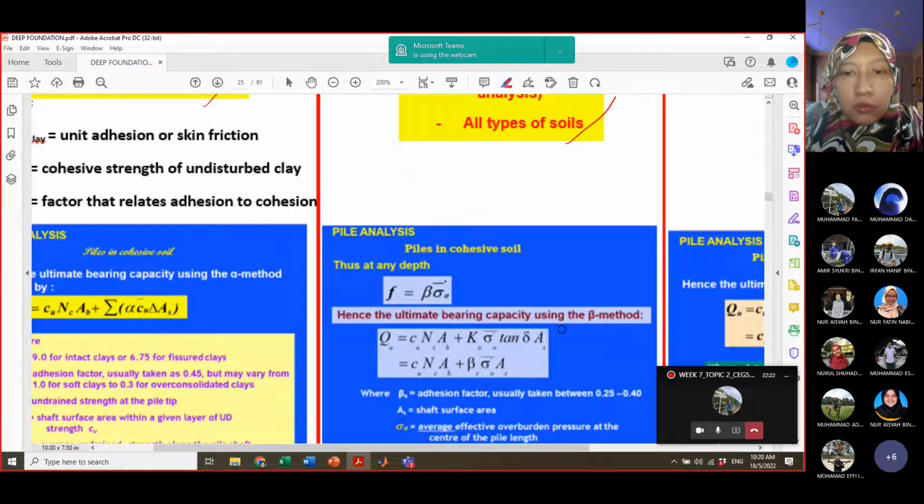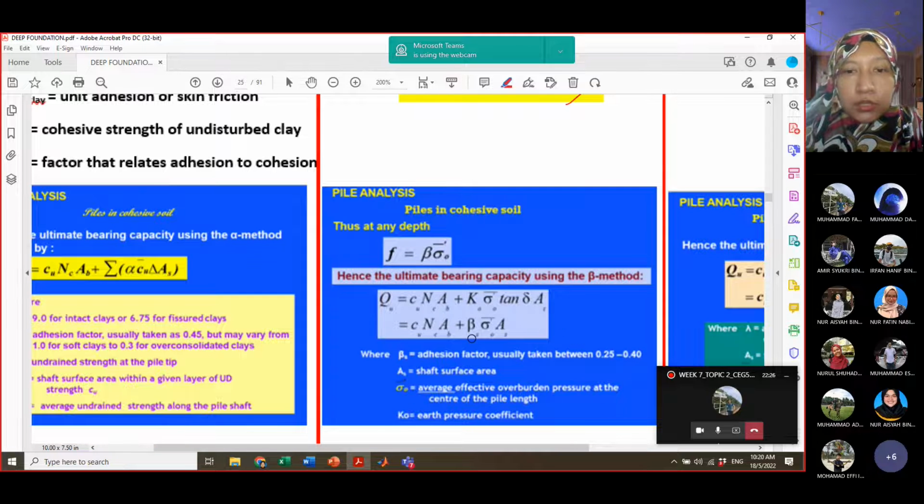So the beta method will be having a different formula from the alpha, yang mana kalau you tengok dekat QB ni, dia masih lagi sama, iaitu CU NC AB, tetapi dia berbeza pada QS, iaitu K0 times dengan average effective overburden pressure at the center of the pile length times dengan tangent delta times dengan AS. So the beta S is actually comprises K tangent delta.